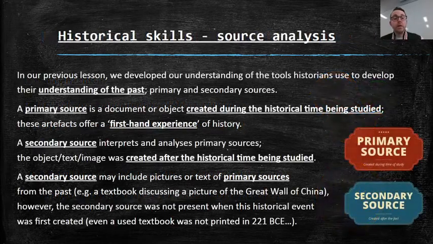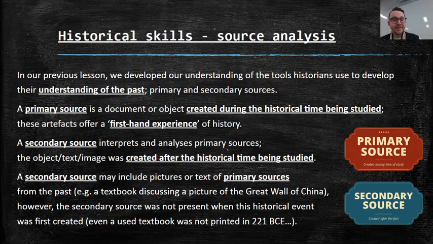In our previous lesson, just giving you a recap, we developed our understanding of the tools historians use to develop their understanding of the past, which are, of course, primary and secondary sources. A primary source is a document or an object created during the historical time being studied. These artifacts offer a first-hand experience of history. It was there when the history was happening.